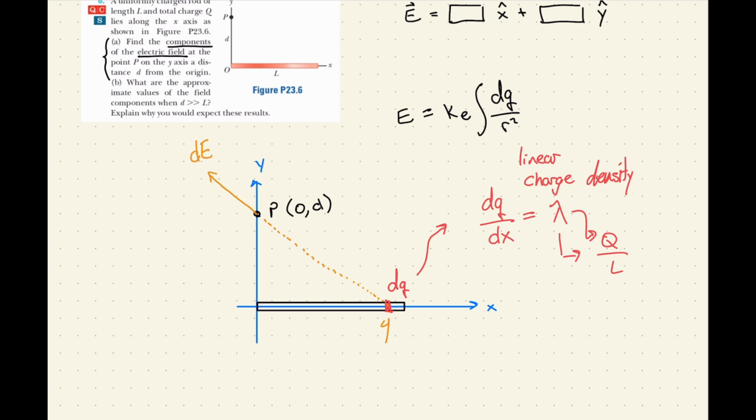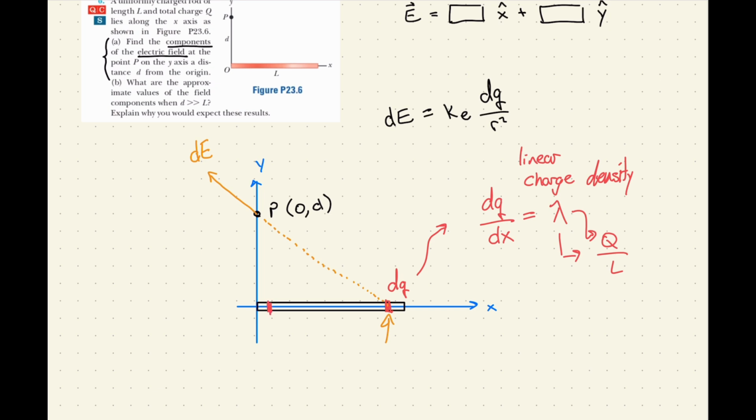I'm calling it dE because it's created by a small dq. If you want, you can put dE over here, and you just have to remove this integral, because when you're not integrating, that dq doesn't go away, and it creates a small dE. Doesn't matter too much, but let's say that this is the component that this part of the rod creates.